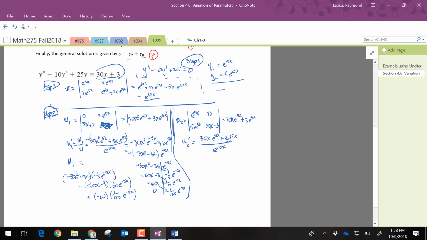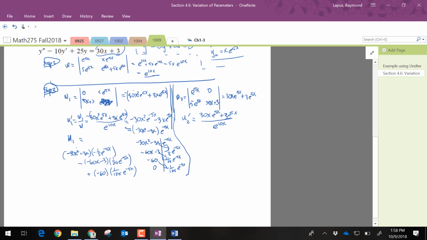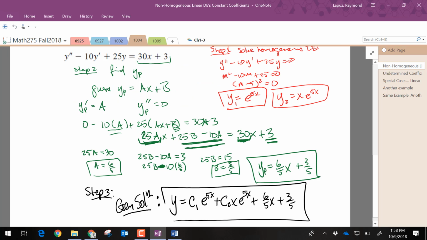And then you would integrate that. So that's going to be a couple of integration by parts. Now, if you look at our solution, it looks like there's a lot of e to the x, e to the 5x. The answer that we got here looked like it was pretty clean, and then we have this extra constant term, right?